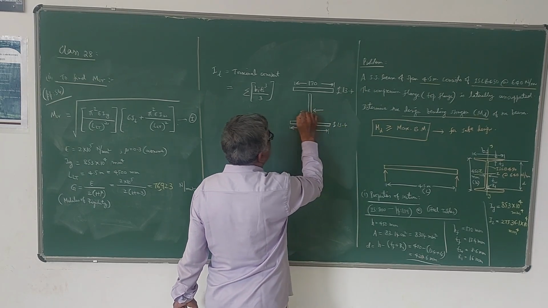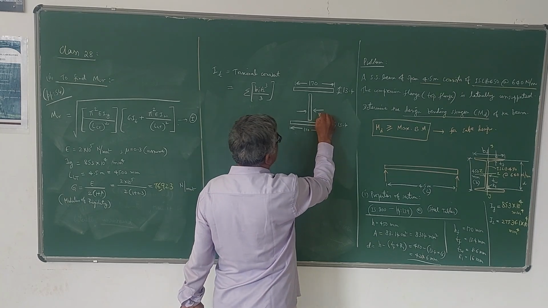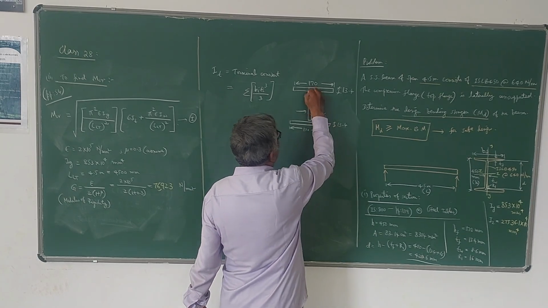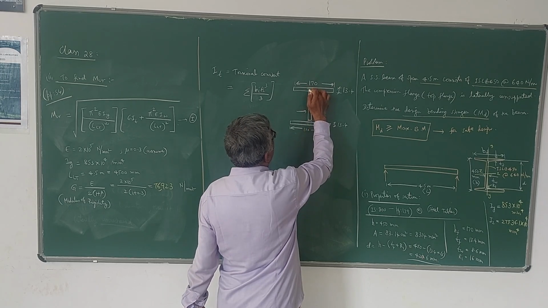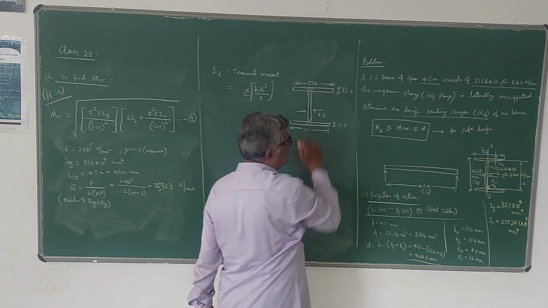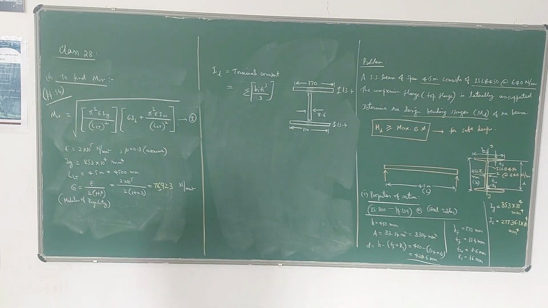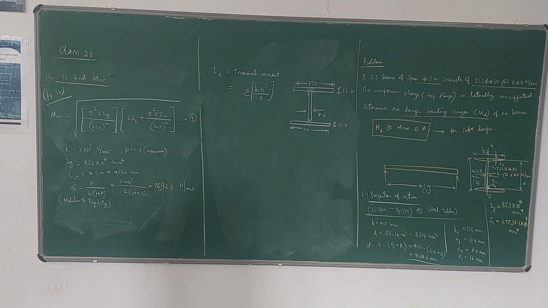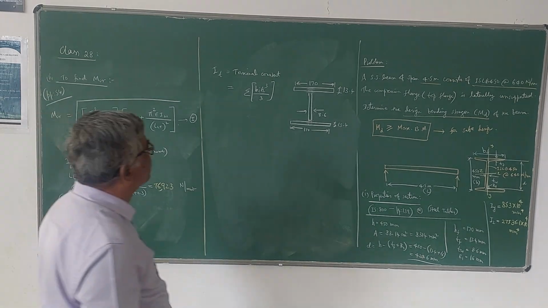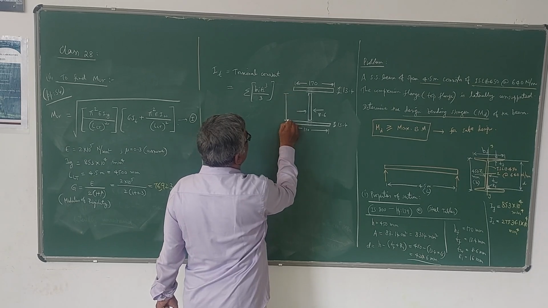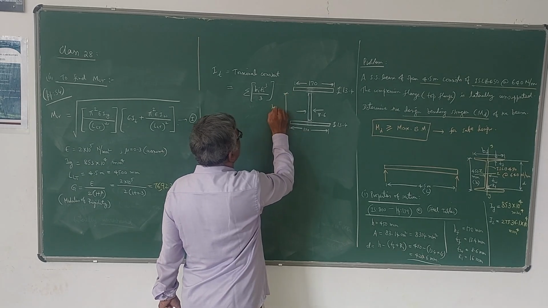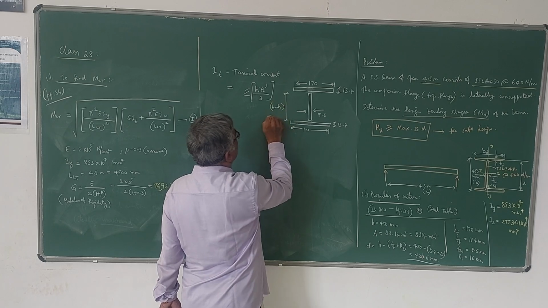Then thickness of web is 8.6. For the depth of web, you take the complete web depth, which is 420.6. But we have to take the depth as H minus TF, not D. We are taking H minus TF.